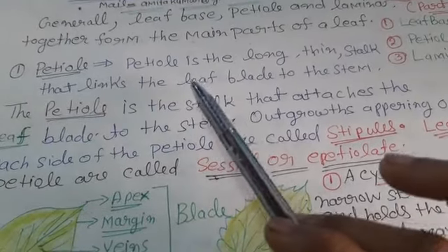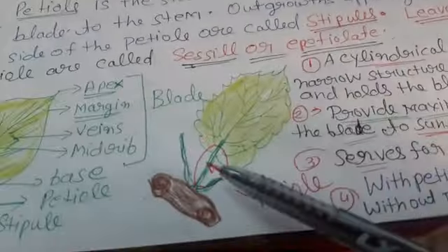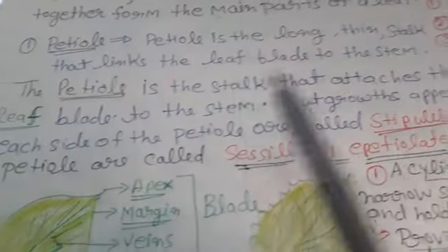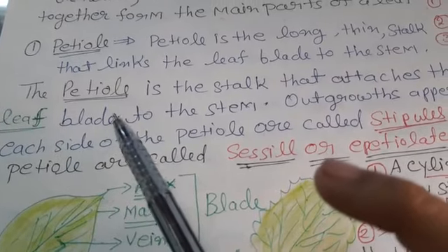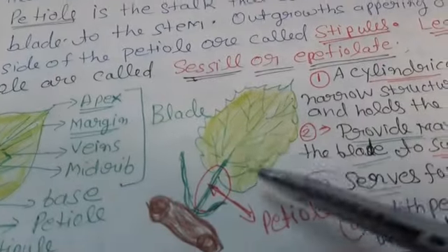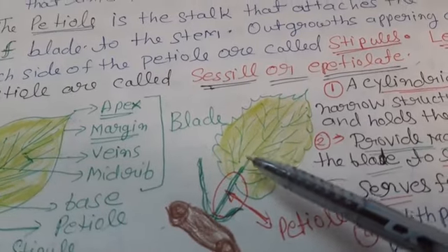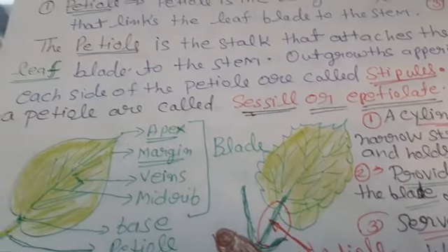The petiole is a long thin stalk that attaches the leaf blade to the stem.